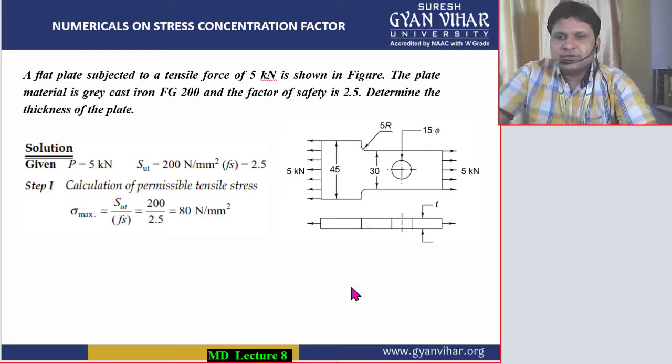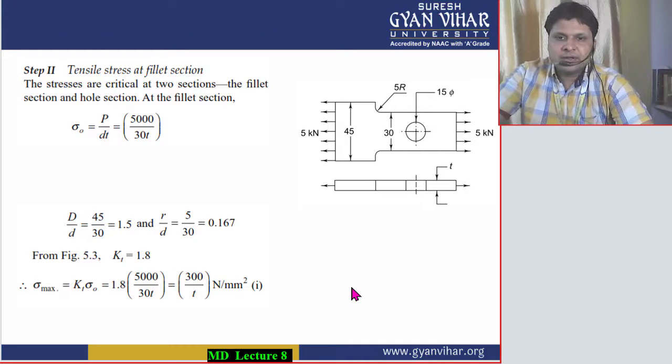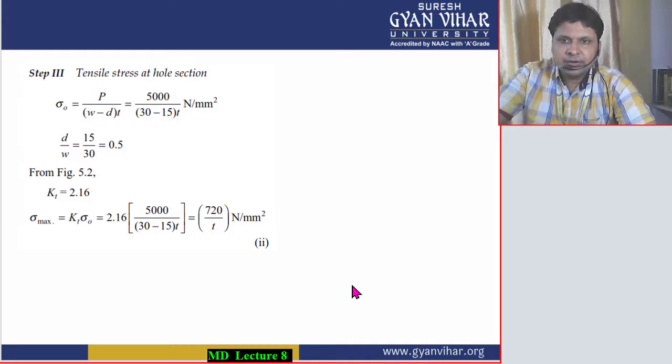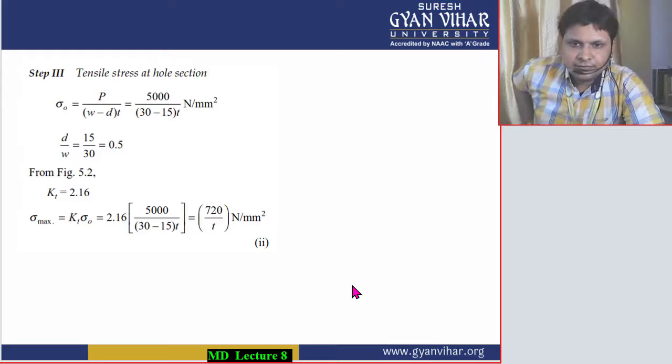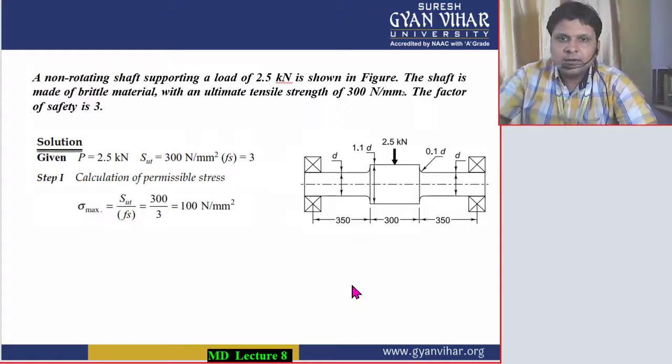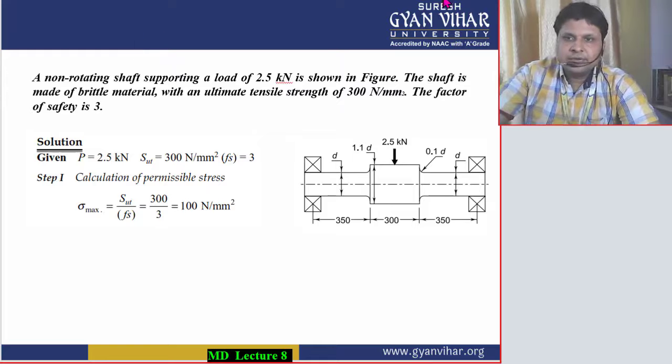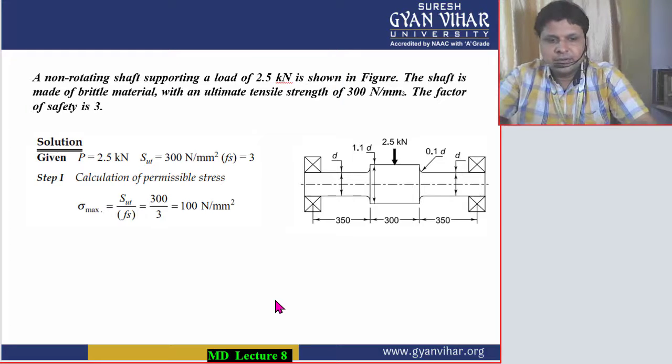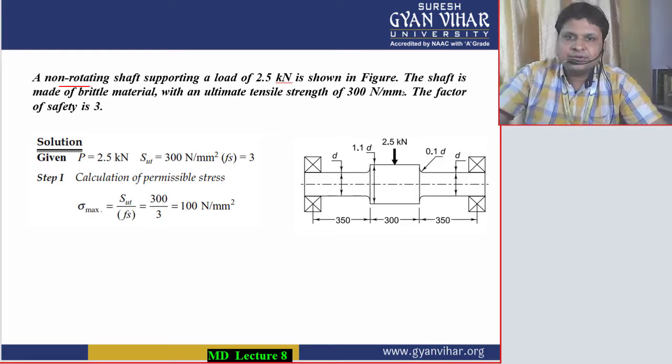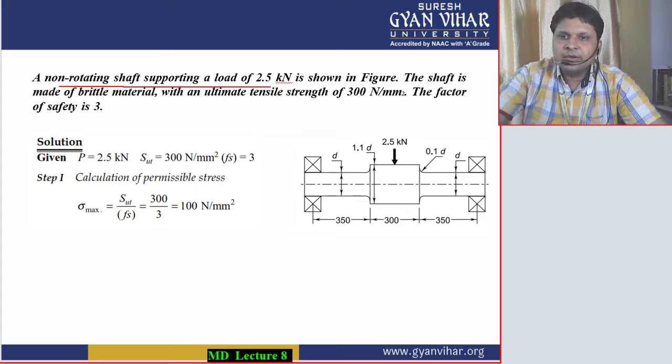One more question we will take so that we can understand this in a better way. This is the next question. Now what is the question saying to you? A non-rotating shaft supporting a load of 2.5 kilonewton is shown in the figure.